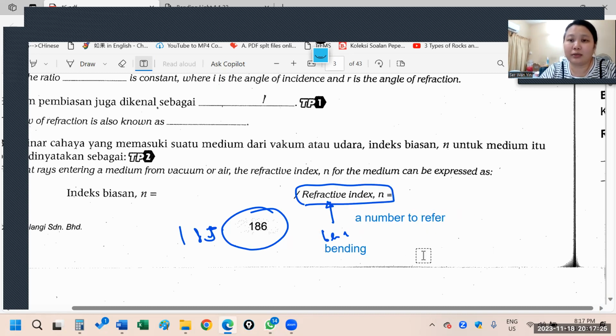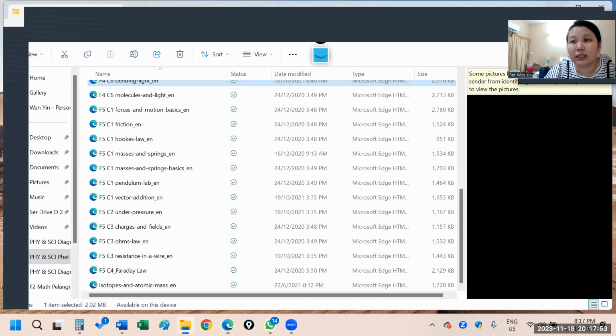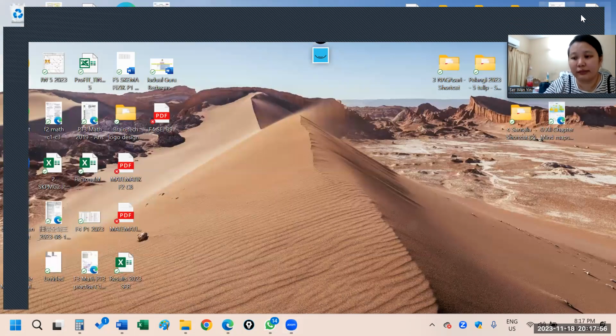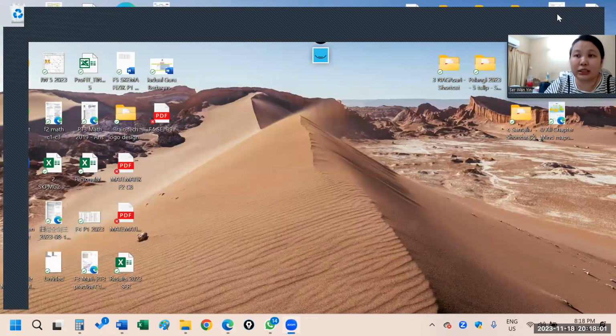So the formula is sine I over sine R. If you forget how, it's okay, the formula is given.